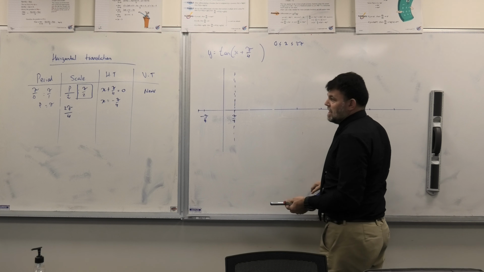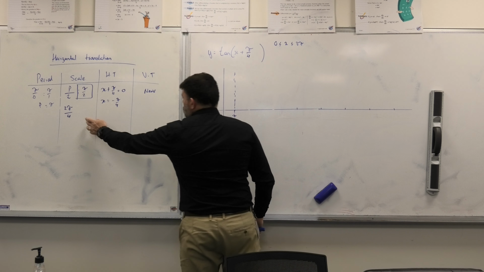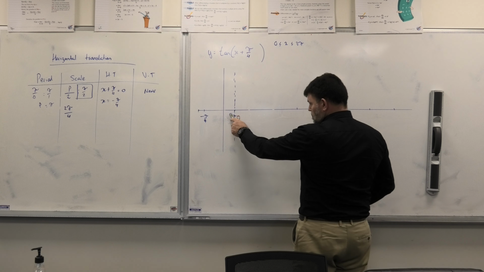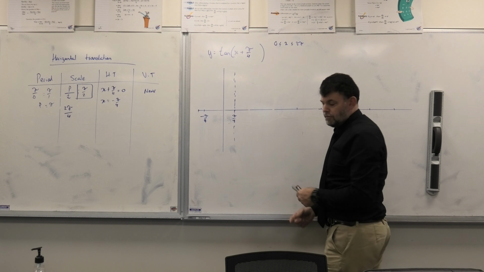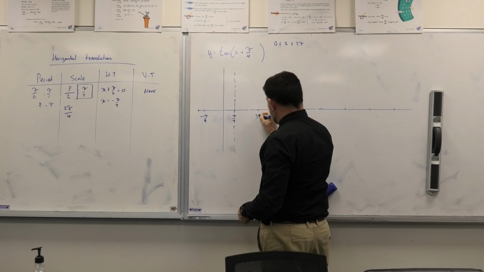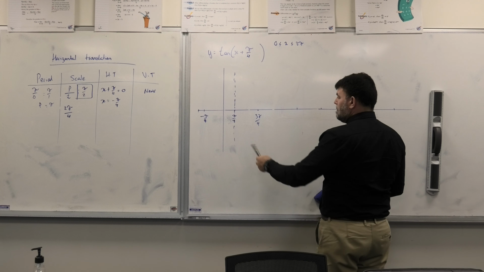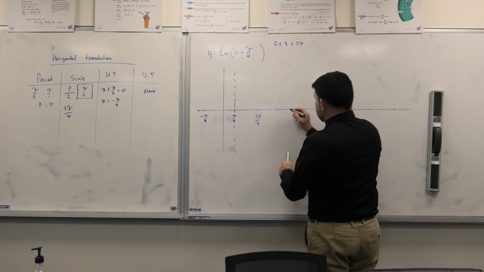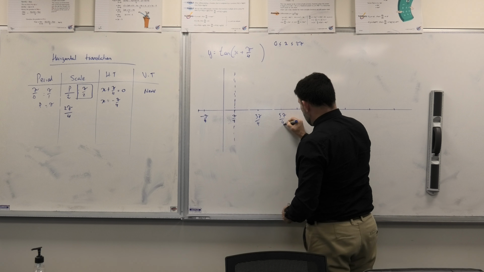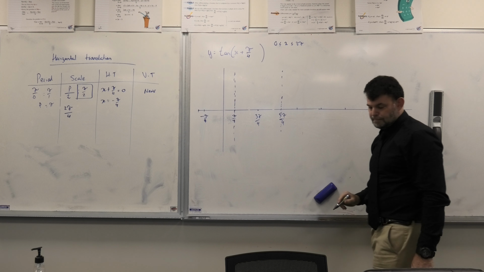Well, that just tells me that even though it's a period of pi, I'm moving each change up by 2 pi on 4. So therefore, pi on 4 plus 2 pi on 4 will give me 3 pi on 4. And that is my x-intercept. 3 pi on 4 plus 2 pi on 4 is 5 pi on 4, and there is my horizontal asymptote.